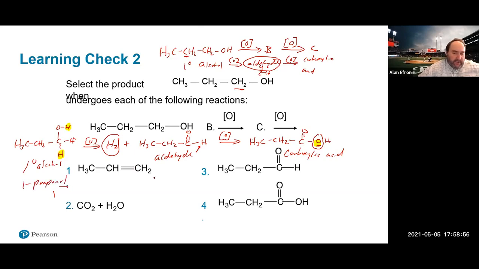This is 1, 2, 3 propanal. This is, as we might have touched upon last time, 3 carbons, also based off of that propanoic acid. So again, you can see the names are also all related to each other as well. Any questions on any of those steps there?